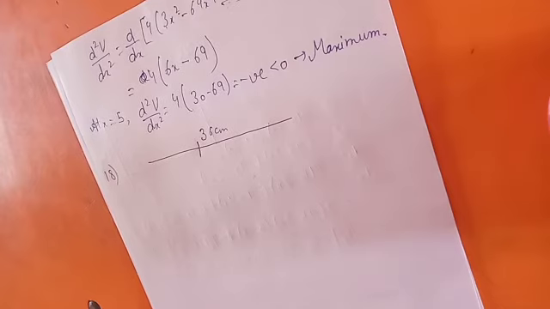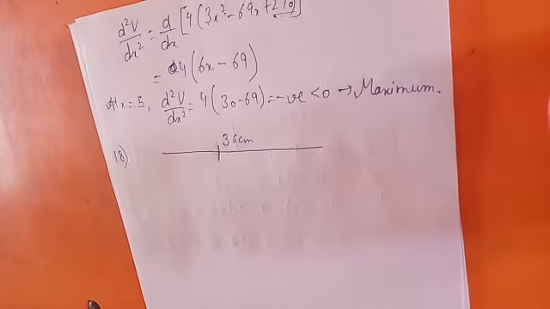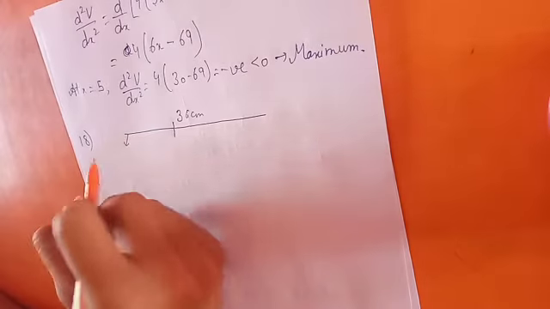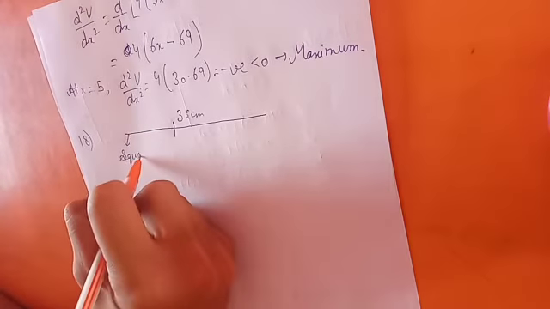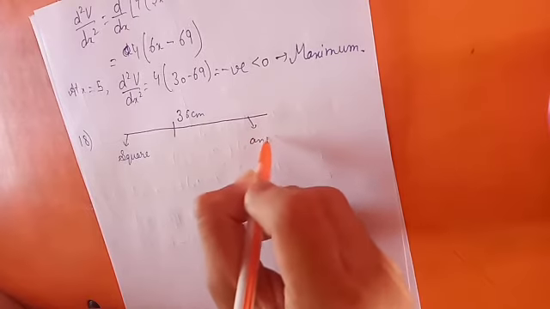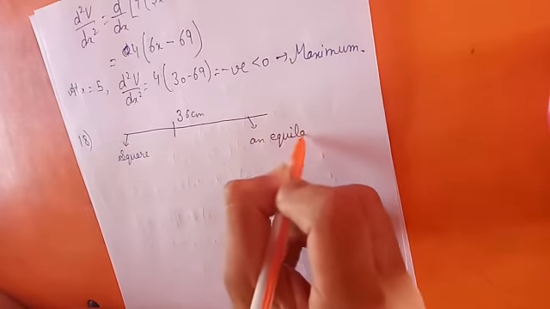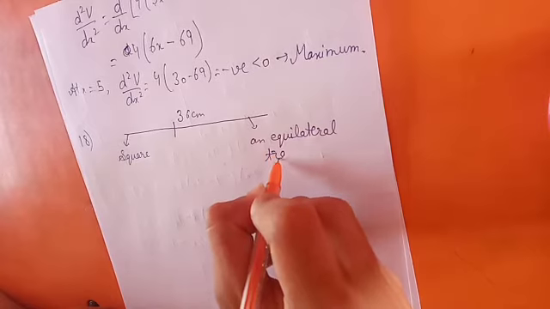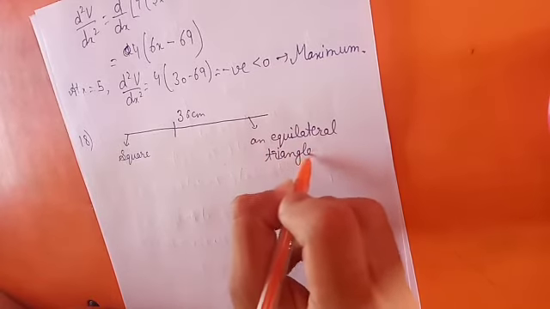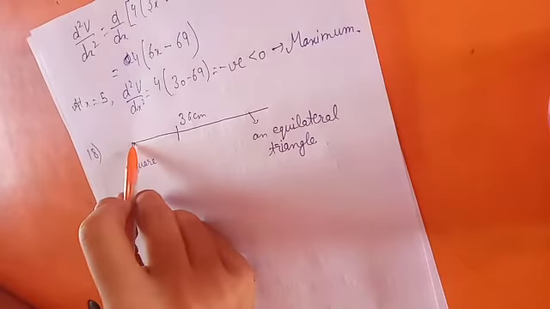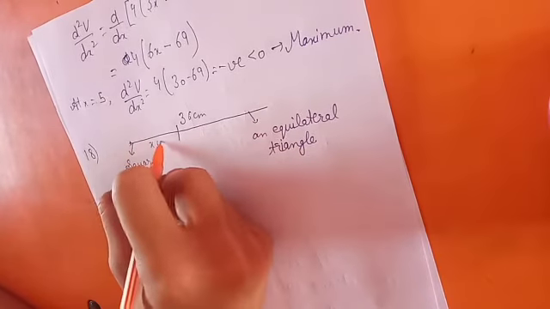Now we can assume that by this piece we are going to make our square, and from this an equilateral triangle. Okay, now we can assume that this length is x centimeters.